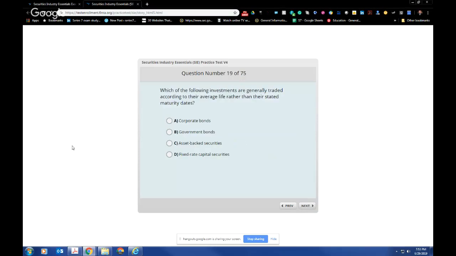Which of the following investments are generally traded according to their average life rather than their stated maturity dates? Okay, so corporate bonds are quoted yield to maturity or price. So that's a maturity date. Government bonds, same thing. Fixed rate capital securities, I have no idea what that is. It's probably a preferred. Asset-backed securities, that's their funny way of saying mortgage-backed securities, which have prepay and extension risk, and you don't actually know when they're going to end.